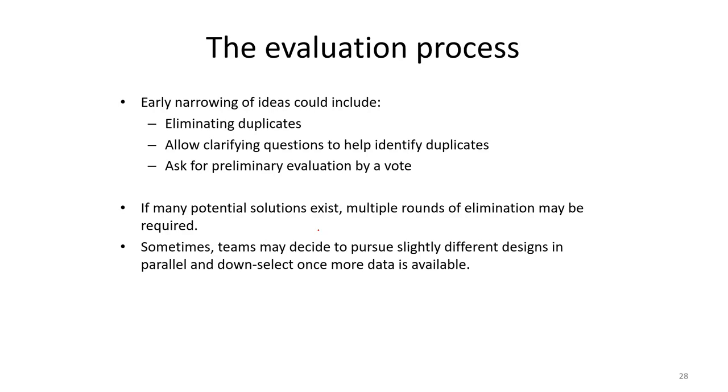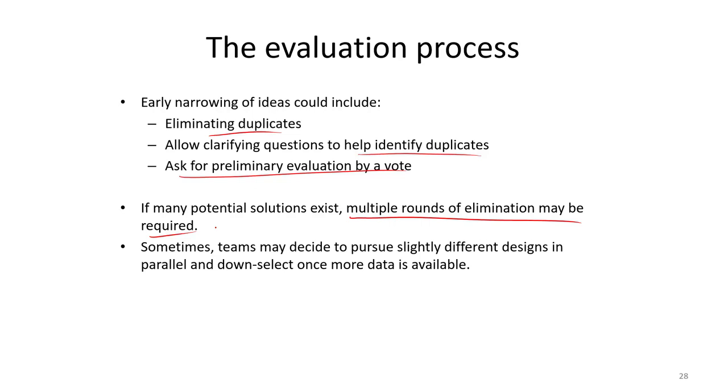During the evaluation process, we do some early elimination to decide the best idea. Initially, we want to come up with a short list of ideas that we think are best. Initially, we might just identify and eliminate duplicates, and have people vote. If there are a lot of potential solutions, we might need multiple rounds of elimination.